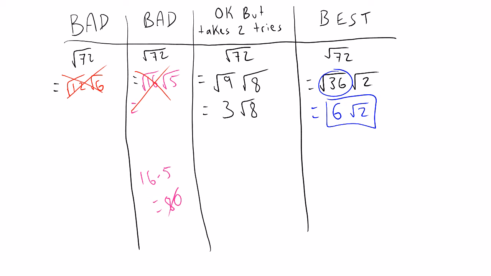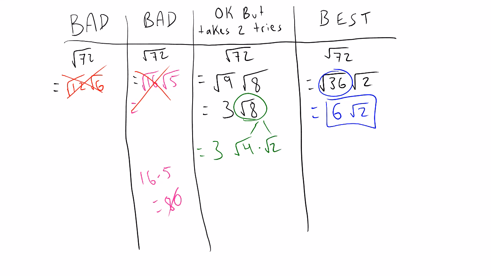The reason why is because you still need to simplify completely. You actually need to do this simplification again, a second time, almost like a second problem. So let's do that. We'll have that 3, and then root 8 can be factored into root 4 times root 2.